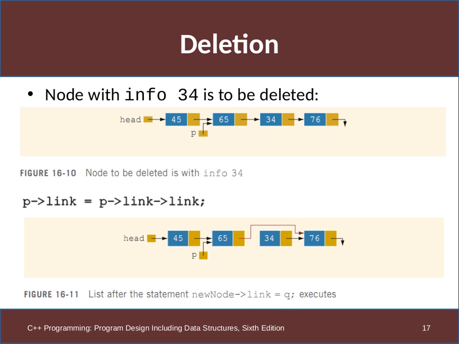So when you do this, you can do it one of two ways. You can have a rover and just be constantly checking rover's next's data value. Or you can have rover and previous, where previous is the one before the rover, and then rover keeps moving on. I recommend rover and previous because it's going to be a little more explicit and easier to understand what you're doing, and you probably will have fewer errors.